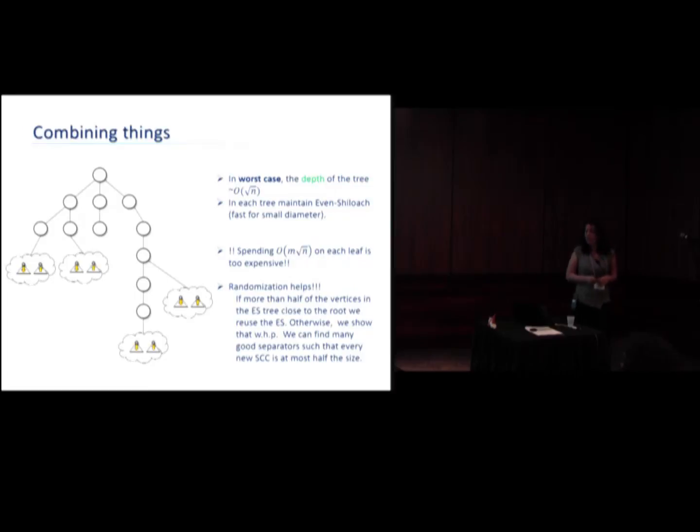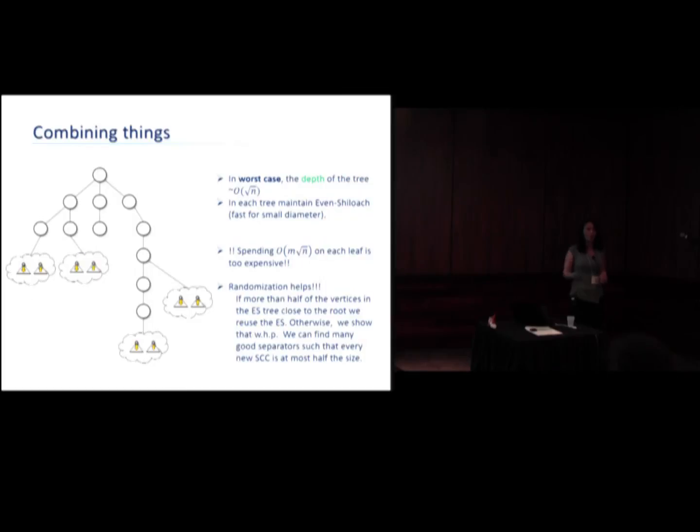And in that case, we cannot just find one good separator. We can find many, many good separators, such that if I delete all of them, all the strongly connected components, or most of them, are of size at most a constant fraction of the original size. So all the strongly connected components shrink by half.